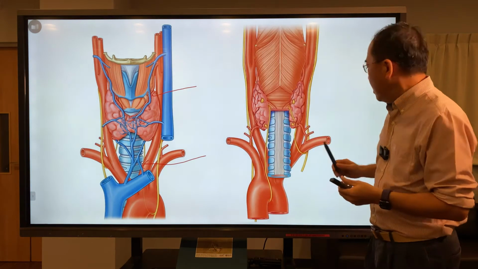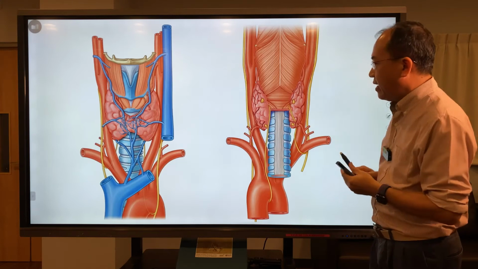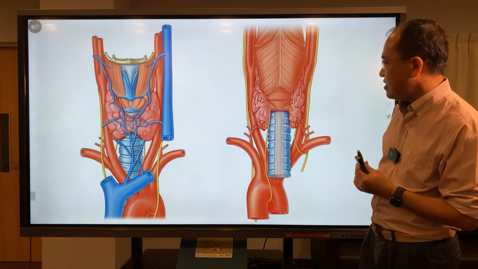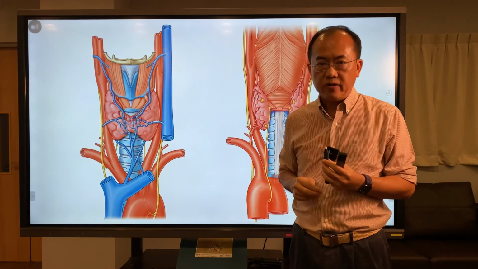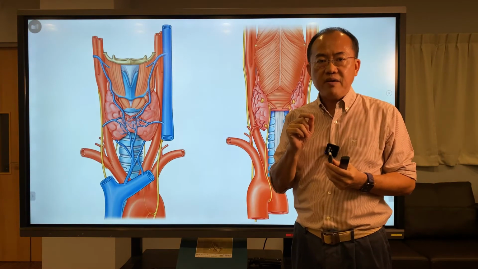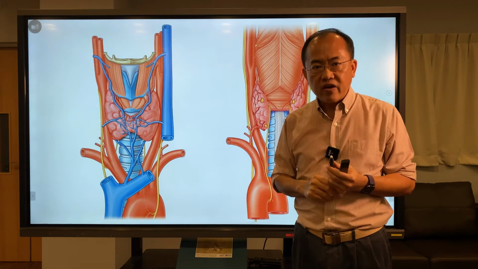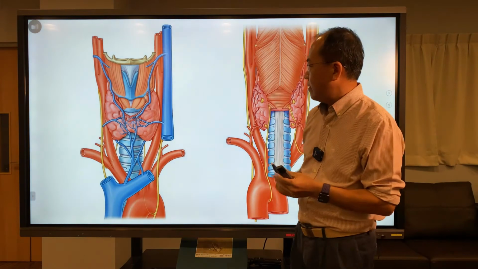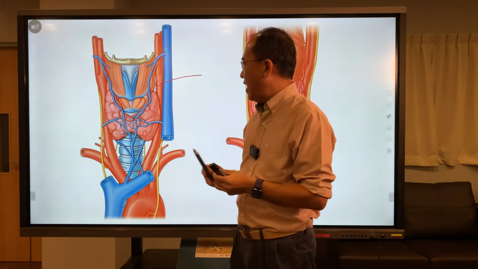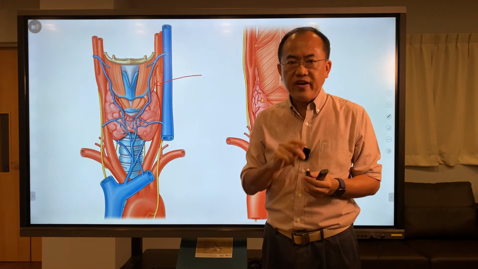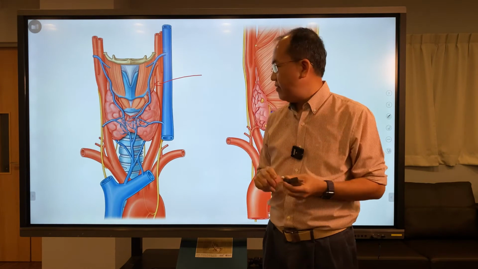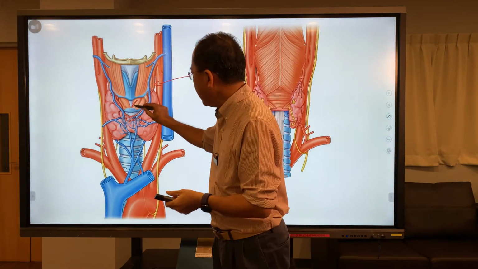One other thing that we like to stress to you, very important, is the nerve that is related very close to the blood vessels. The superior thyroid artery is very close to the nerve that supplies the cricothyroid. Remember this muscle?